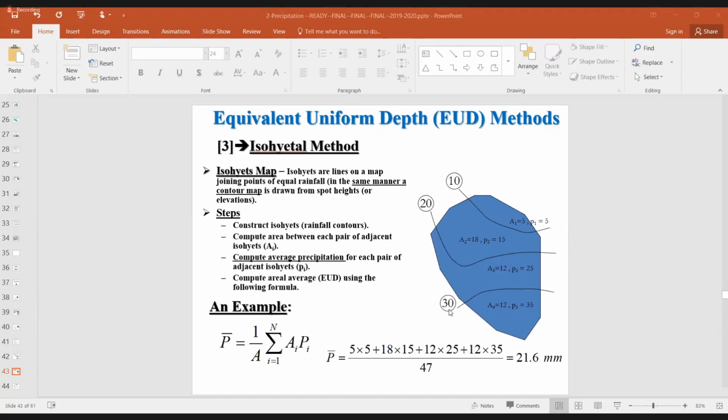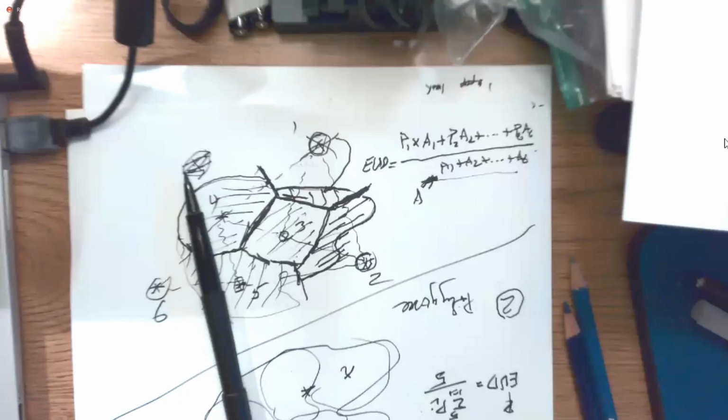Okay, so now we are going to another method called the isohyetal method. So I'm going back to the share screen, going to advanced and going to this. Okay, let's start with a fresh page.